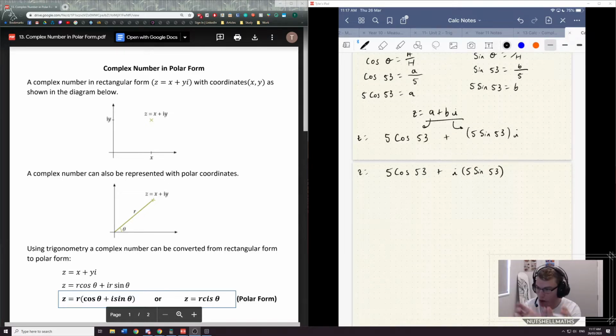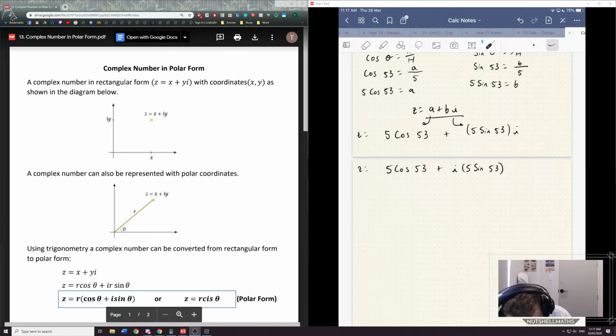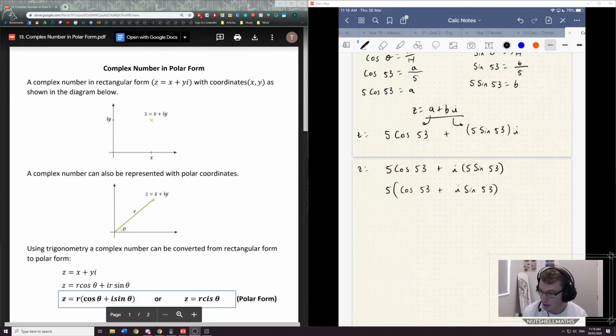Now, I just want to work with these pieces for a second. What's common between the two of these is a 5. You can see that there's a 5 common between these two. All of this is multiplied, so we can pull out a 5 as a common factor. 5 times cos 53 plus I sine 53. We happy with that so far?